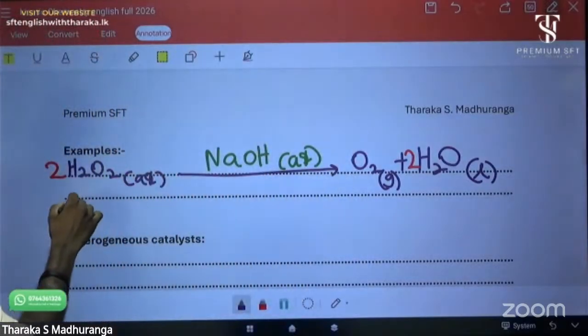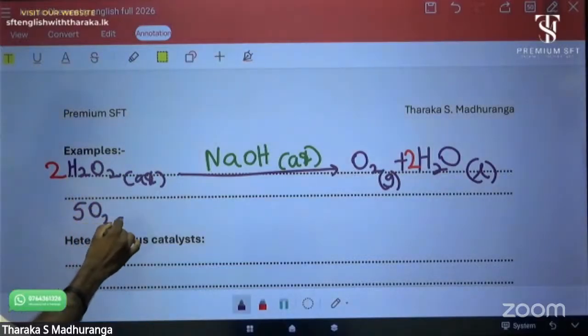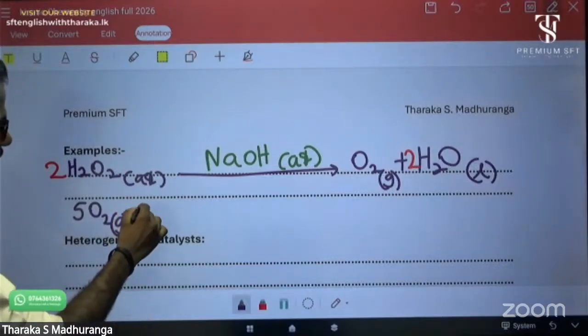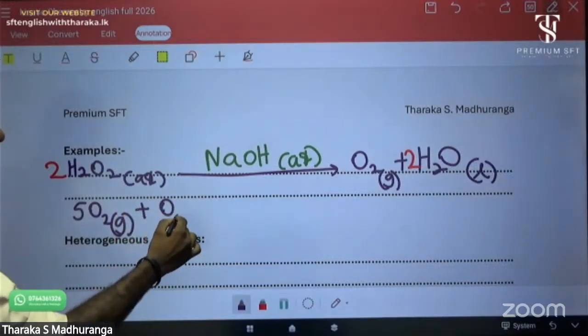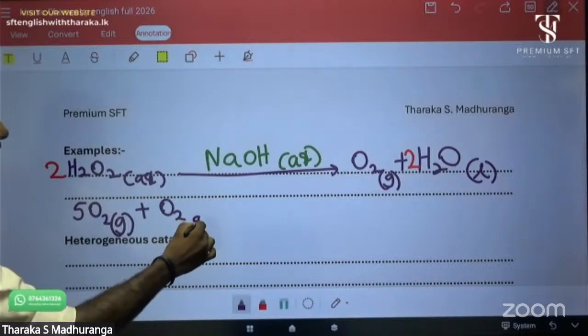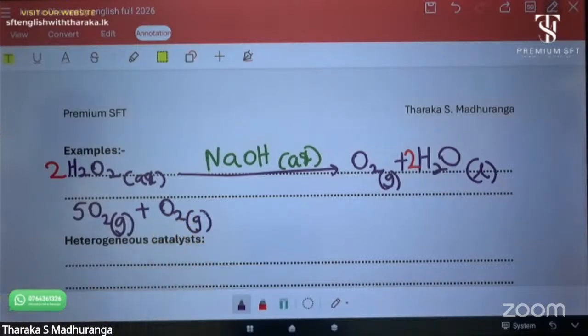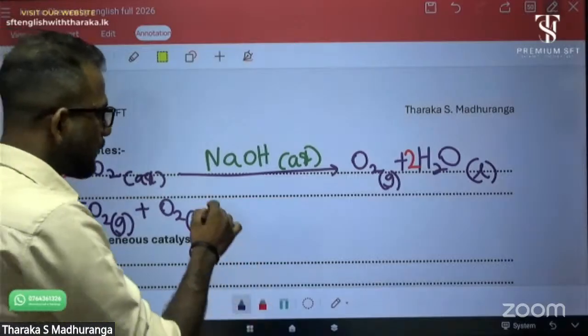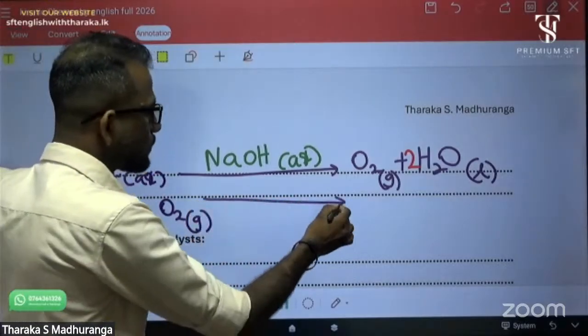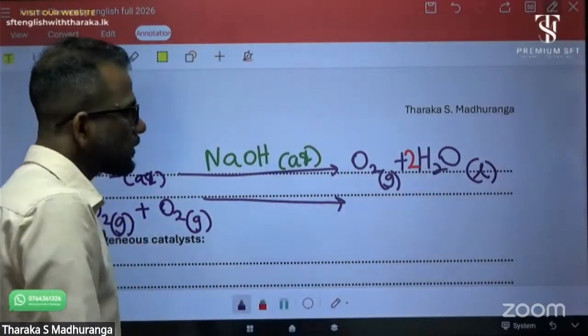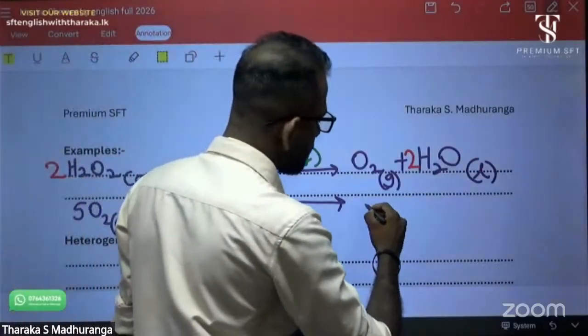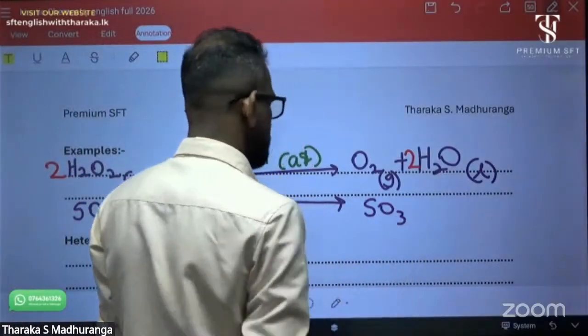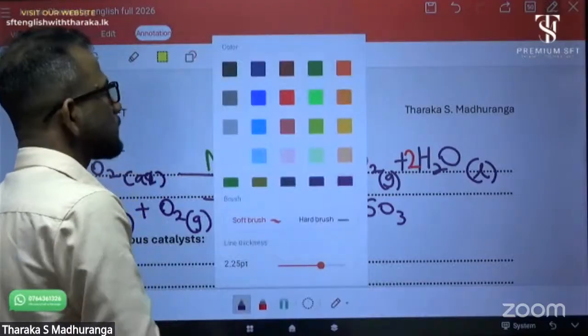Second example: SO2. SO2 is a gas, no? This SO2 gas, sulfur dioxide, reacts with oxygen gas and is converted to SO3 gas.